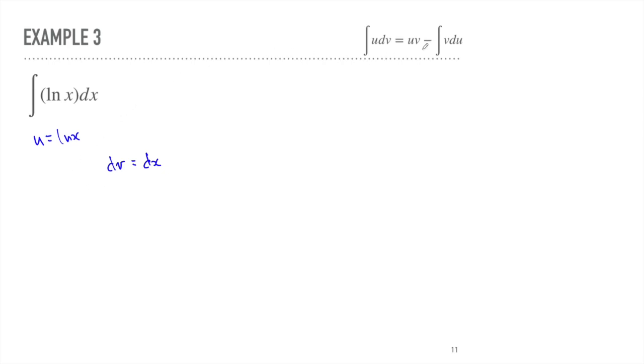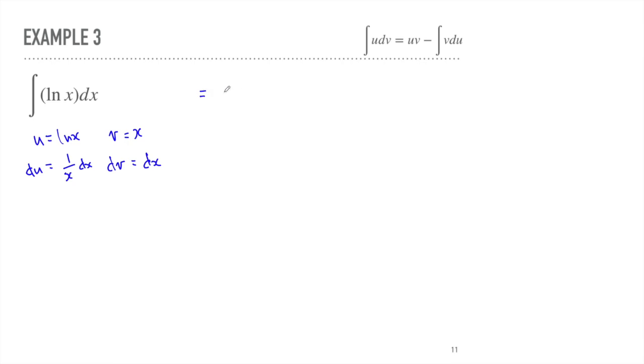Again, kailangan natin ng v at ng du. So, alam natin, ang derivative ng ln ay 1 over x dx. At ang integral ng dx ay x. So, ngayon meron na tayong assignments ng u, v, du at dv.